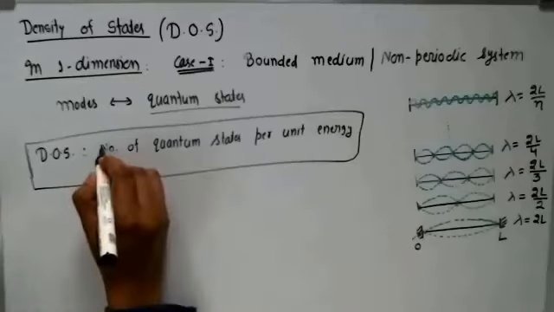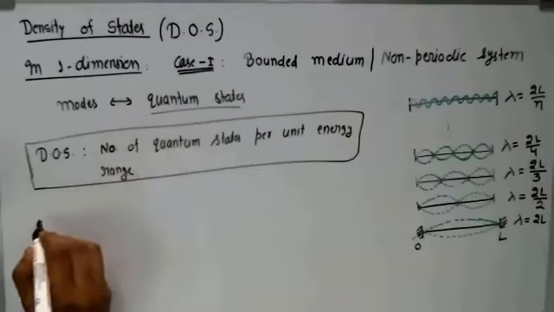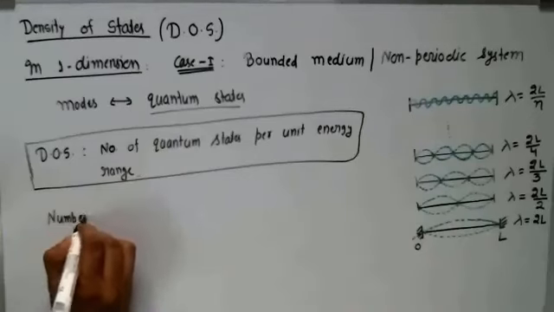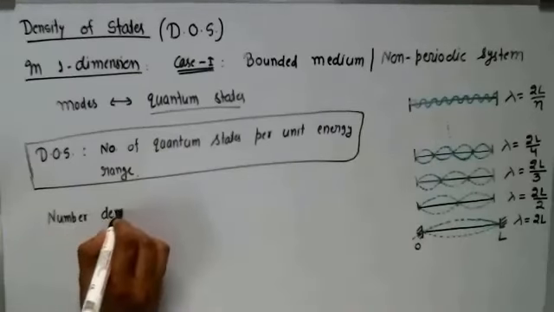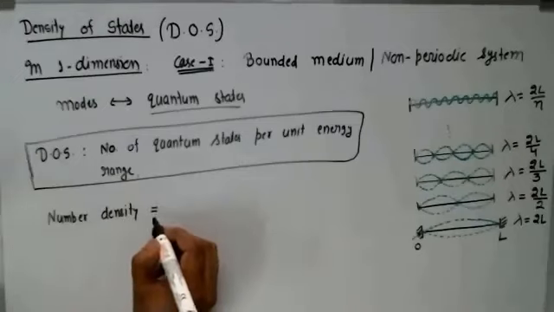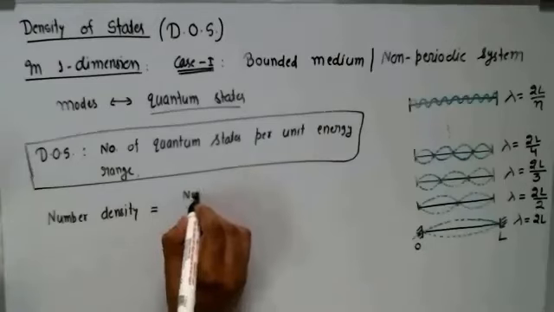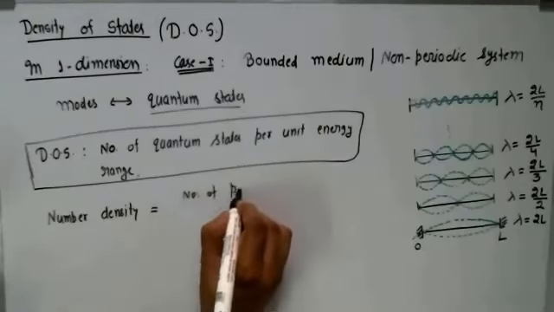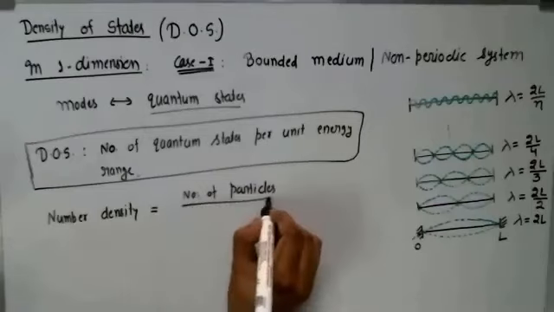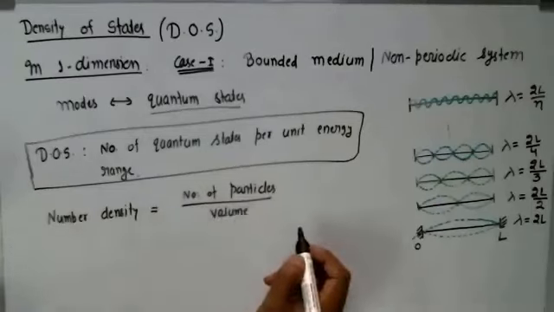Now this is very much similar to a number density. First, let me give you an analogy. How do we define number density? For example, in the case of 3D, you say number of particles per unit volume, am I right?